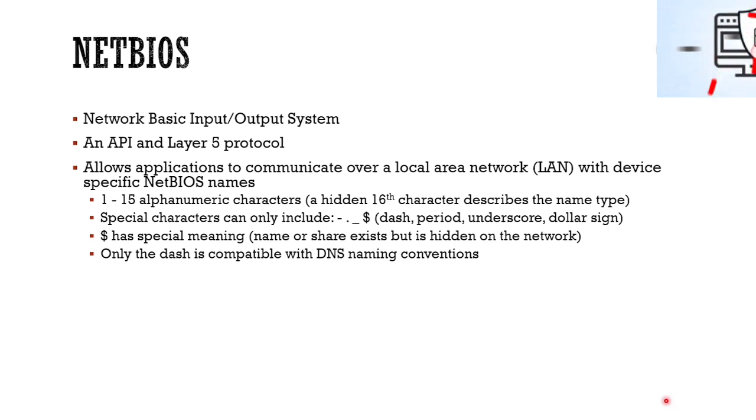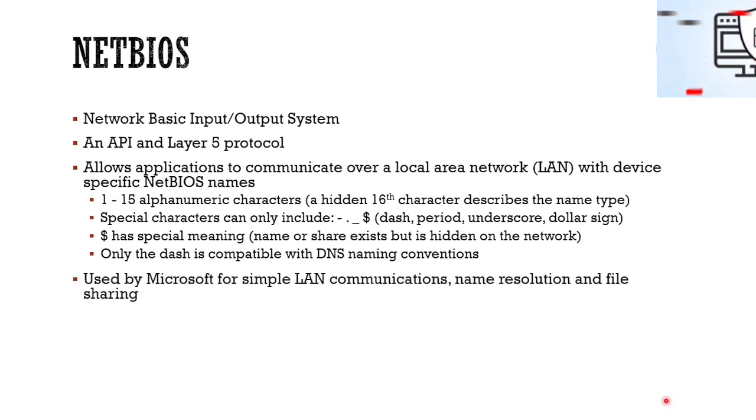Is the computer at this level or this level? I don't know. The underscore is reserved for SRV service records. You can't use it in a normal name, and the dollar sign is illegal, so only the dash is compatible with DNS for host names.